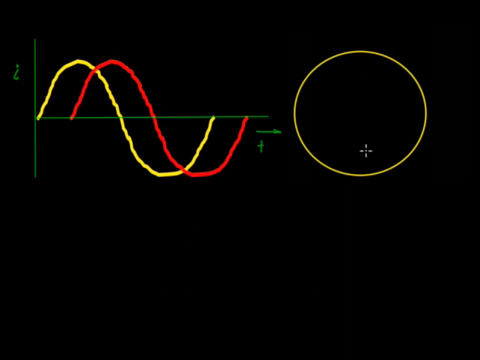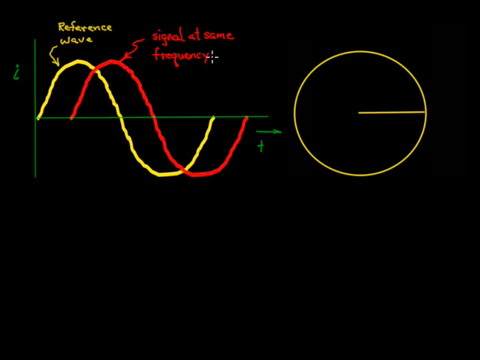An AC signal can have a phase as well. What do we mean by that? Imagine this yellow curve is a reference signal. The red curve has the same frequency and amplitude, but has been shifted along the time axis. We say that it has a different phase. One way of expressing the phase difference is in terms of a phase angle.